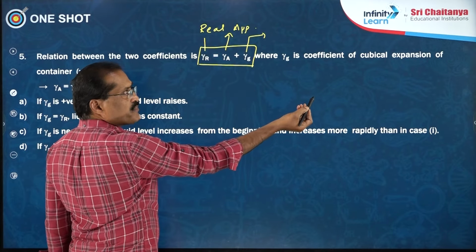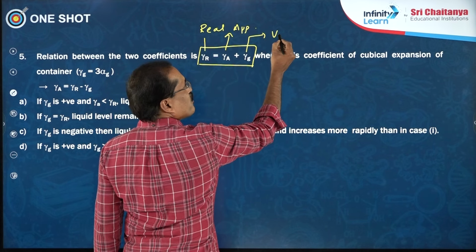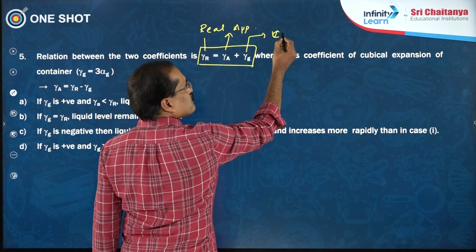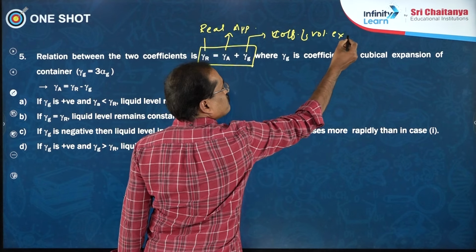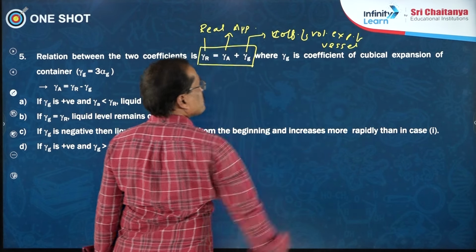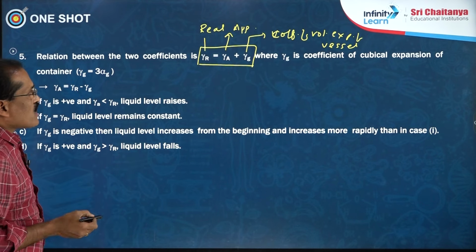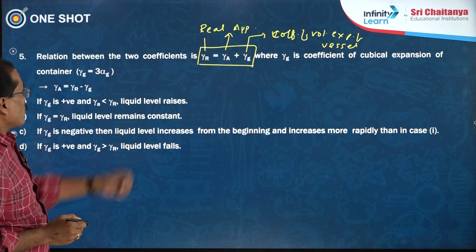Otherwise, if any other metal is given, accordingly you can take that here. So, gamma r is equal to gamma a plus gamma g. This is one important point, and based on that we have many questions, right.